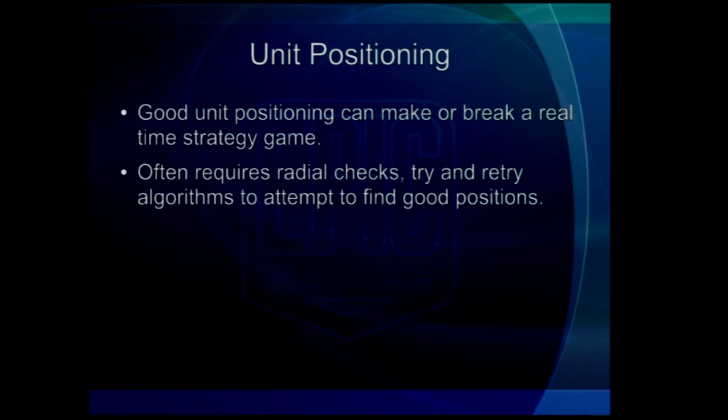It's often a try and retry sort of algorithm to find really good positions. So as the unit is moving and forward looking, and he does a radial check and finds something that's going to damage him, you might say, okay, go a slightly different route. You can do this by adjusting some of the parameters in the pathfinding algorithms that are available in Unreal.